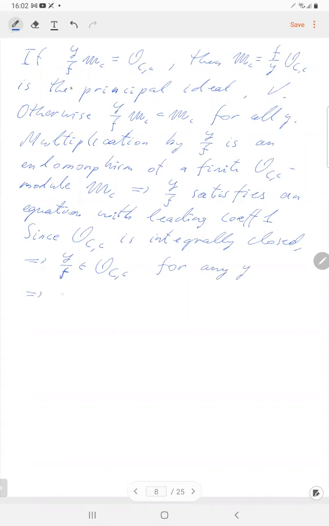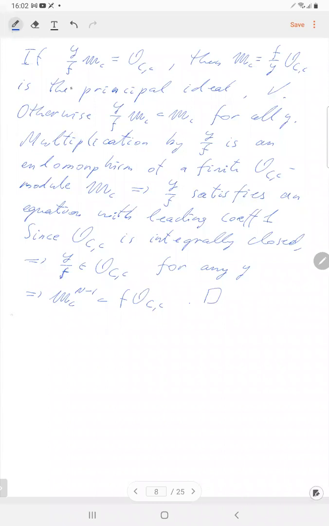And this implies that the maximal ideal to the previous power lies in the principal ideal generated by f. And there we are. That's what I want to prove.